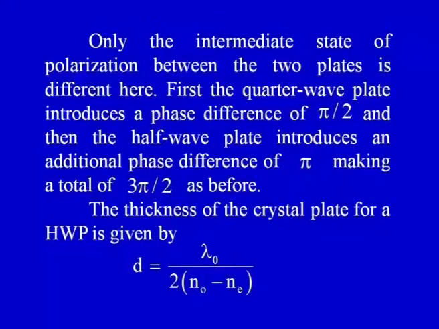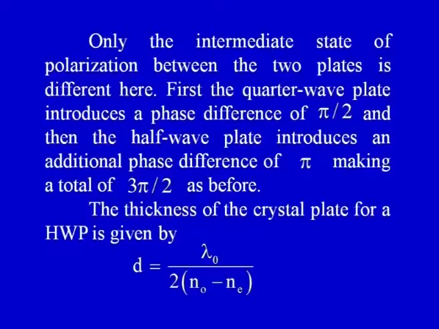Only the intermediate state of polarization between the two plates is different here. First, as I said, the quarter wave plate introduces the phase difference of pi by 2, makes the light beam left circularly polarized, and then the half wave plate introduces an additional phase difference of pi, making a total of 3 pi by 2 as before, and making the light beam right circularly polarized.